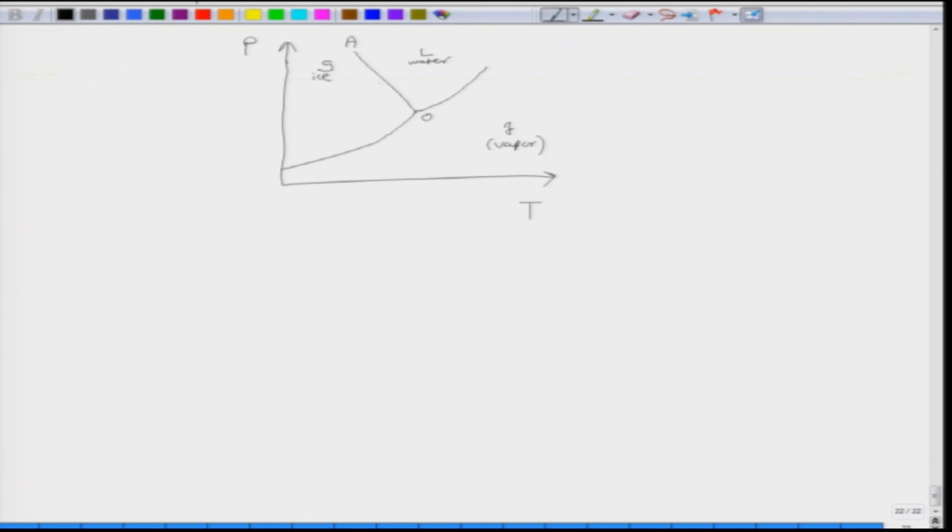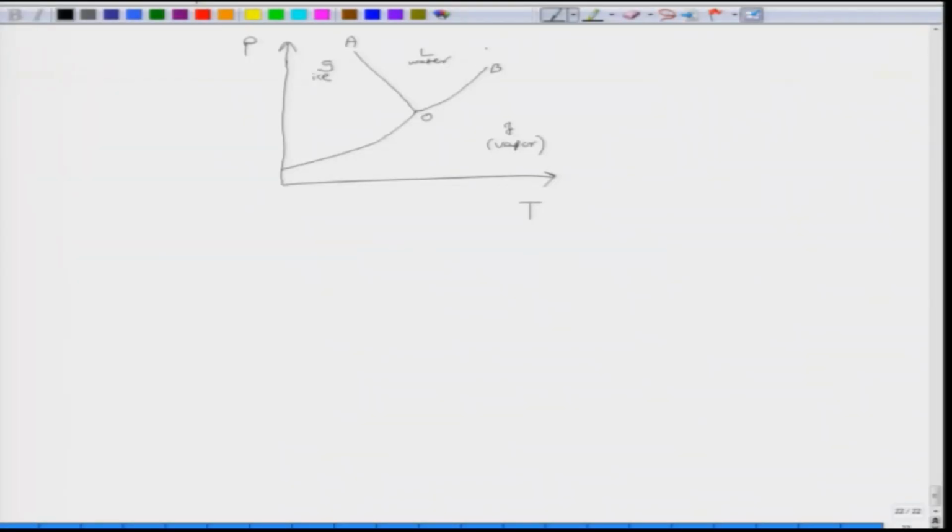So, this is basically the equilibrium melting. Now, you can see from the Clausius-Clapeyron equation that we saw earlier, dP by dT is negative for solid to liquid transformation in water, and so this line has a negative slope.